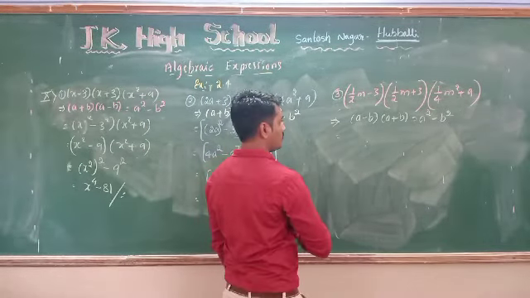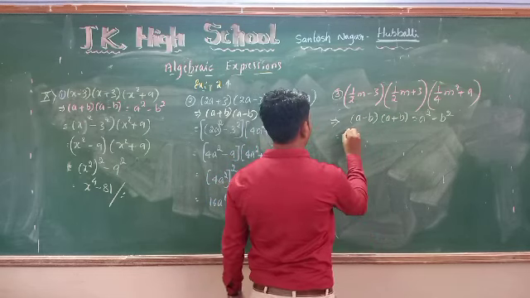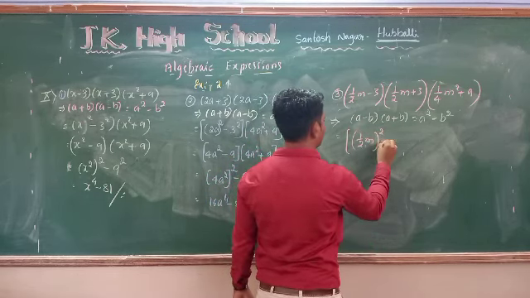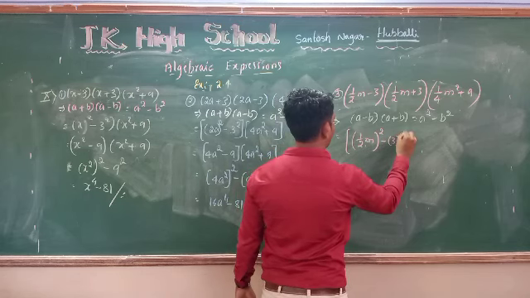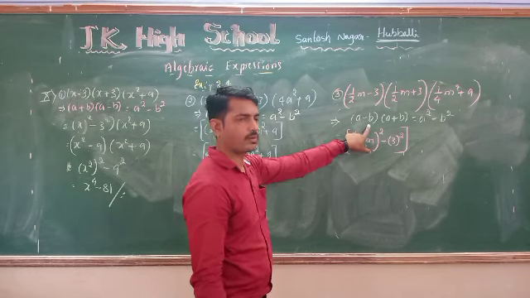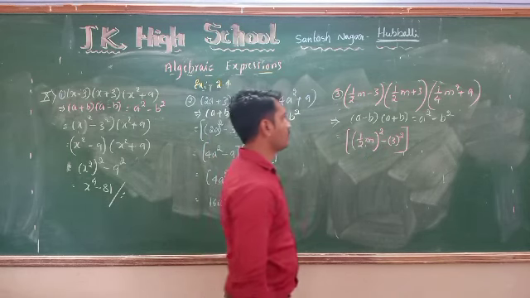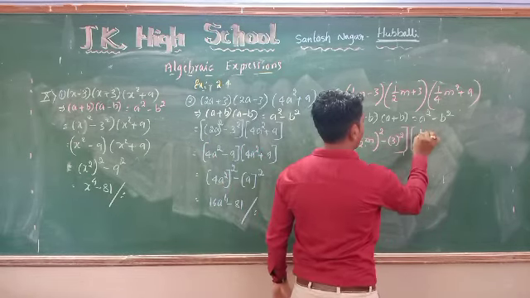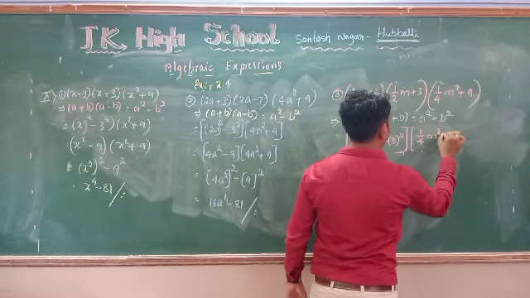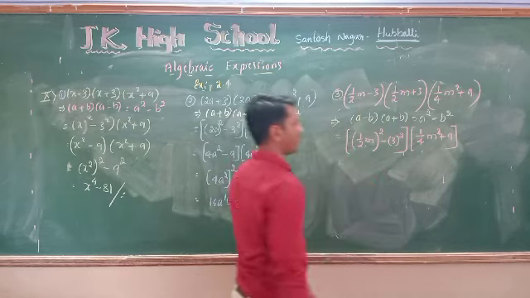Now, the first step: 1 upon 2m whole square minus 3 square. A value is what? 1 upon 2m whole square. What is the b value? Minus 3.